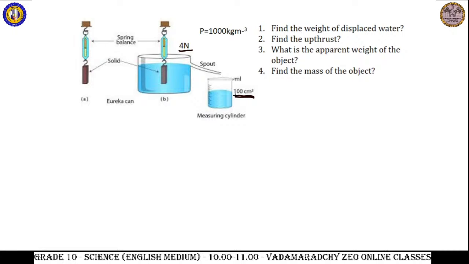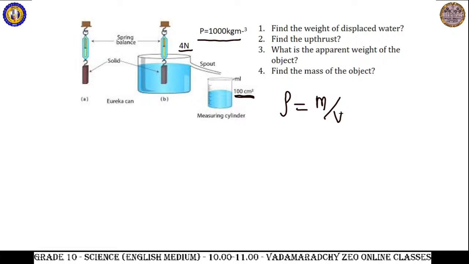So first question, find the weight of displaced water. Another fact given is that the density of water is 1000 kilogram per meter cube. Volume is given, density is given, so we can find the mass. Density is equal to mass upon volume.